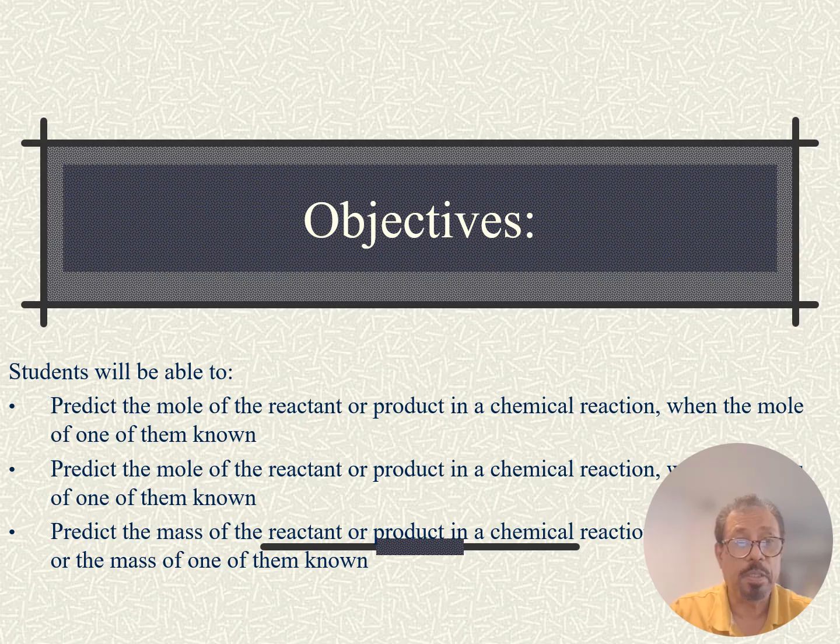In detail, you're going to predict the moles of reactants or products in a chemical reaction when the mole of one of them is known. Also, you can find out the mass of any of the reactants or the products if you know one piece of information about any of these reactants or products.